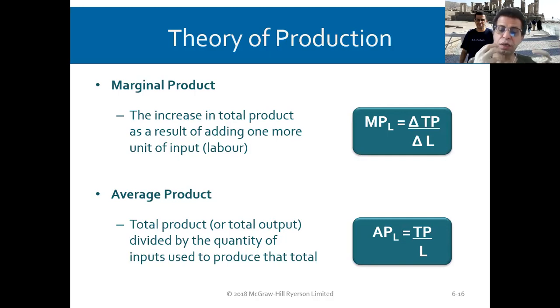So it is the total product or the total output divided by the quantity of input used in the production. So let's assume you put 10 units in and you produce 12 units of something. We're not going to use dollars here, but it is 12 over 10, which is 1.2, something like that.